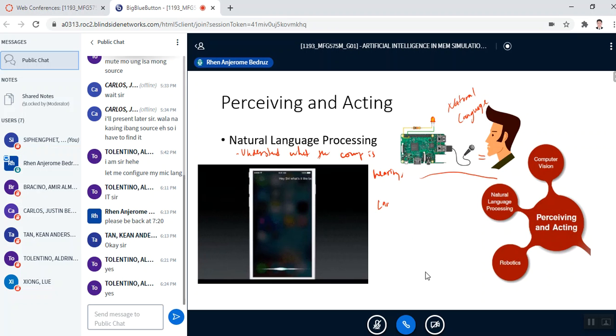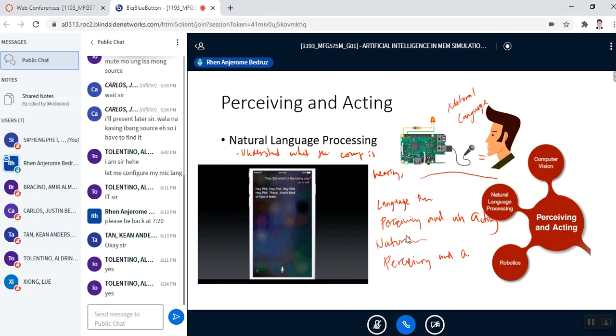The difference is that if I put that to language processing, when I say perceiving and acting, the computer will write perceiving and acting. While if we are performing natural language processing, it could know perceiving and acting.